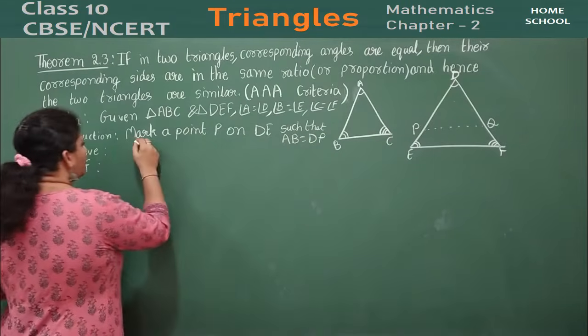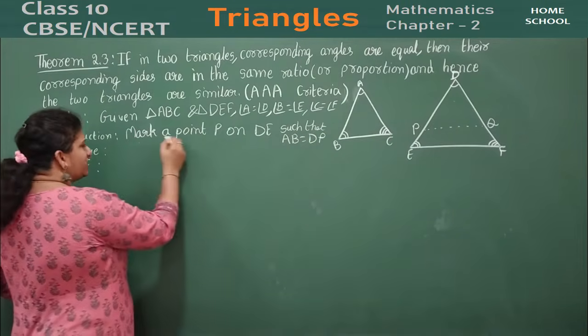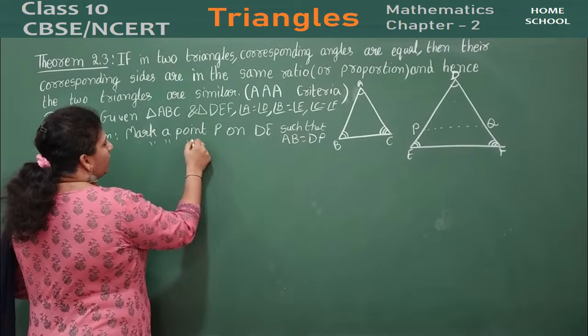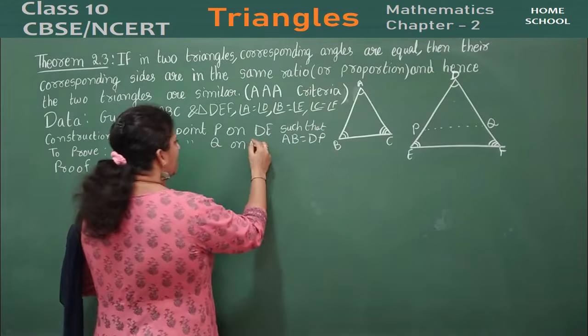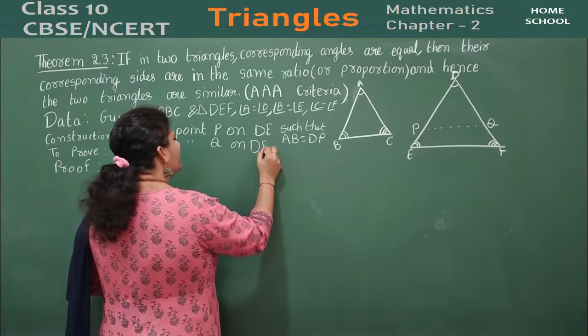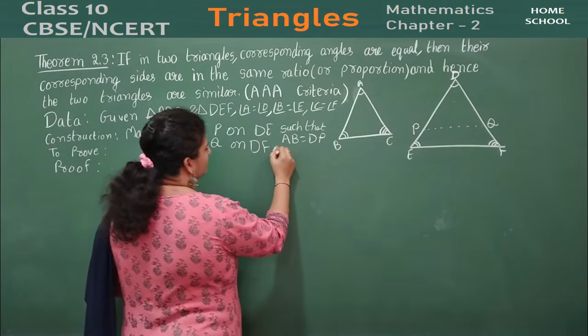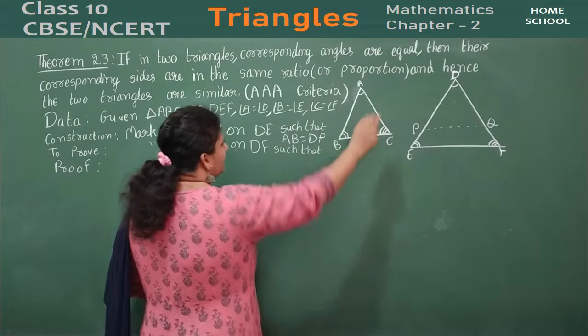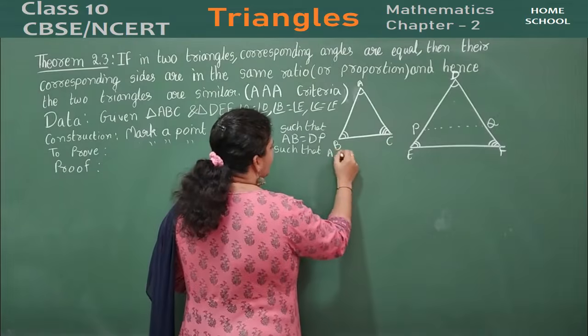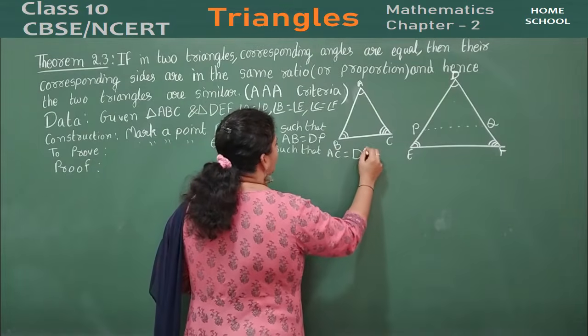Okay. Then one more point we need to mark. What is that, children? In the same manner, mark a point Q on, what is that side? DF, such that, what you need to write here? Such that AC is equal to DQ.